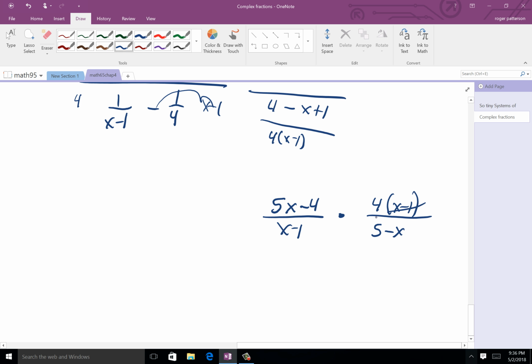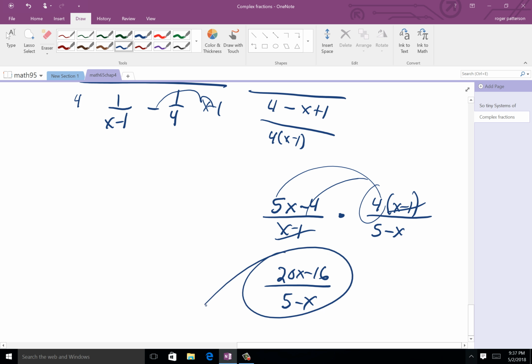And the x minus 1s are going to go. So we still have this 4 left over, so that's got to go to both of those, over 5 minus x. Alright, can't simplify anything, so we're done with that. Okay. I think you'll be all right with the complex number ones. But if you have questions, you'll ask me.